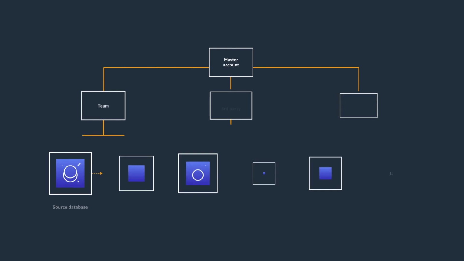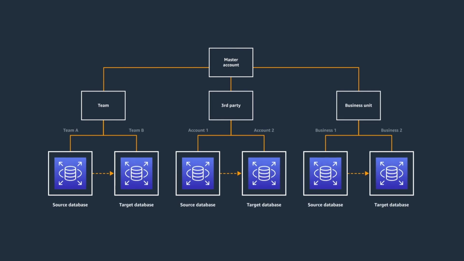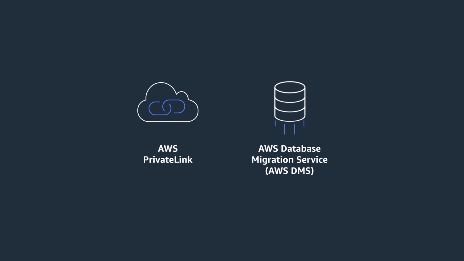Third, from a scalability perspective, we might require dozens or hundreds of similar network connections with other AWS accounts in the future. These requirements lead us to use Private Link for network connectivity, as VPC peering won't be scalable, and to use Database Migration Service, DMS, for database replication, as it provides cross-engine replications.